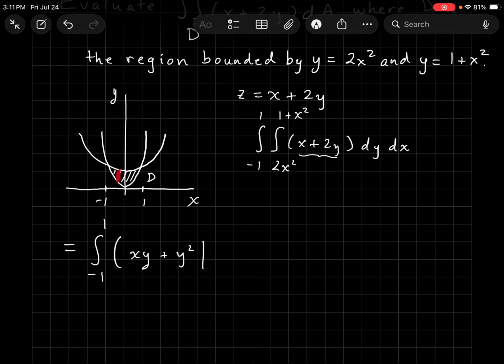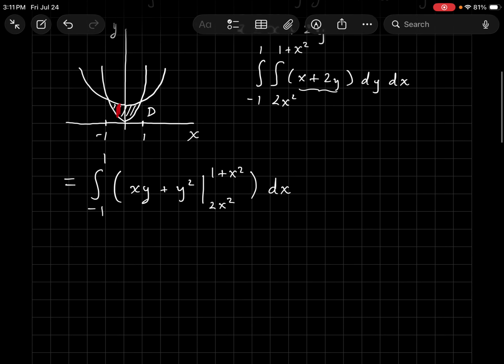And we'll integrate from y equals 2x squared to y equals 1 plus x squared, and then dx. So it's going to be messier than integrating over a rectangular region, because there are some extra functions to deal with. But the idea is really not that much more difficult. Let's continue on.